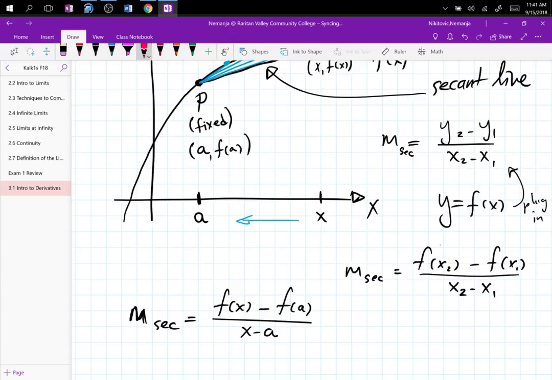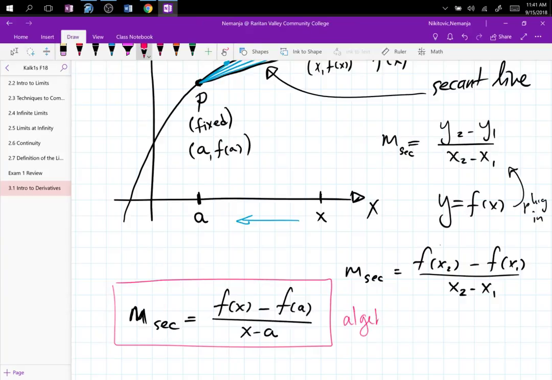And I am going to box this formula, and I will write the word algebra, because I haven't done any calculus here. I just renamed the good old algebra formula into what we have through pre-calculus language.